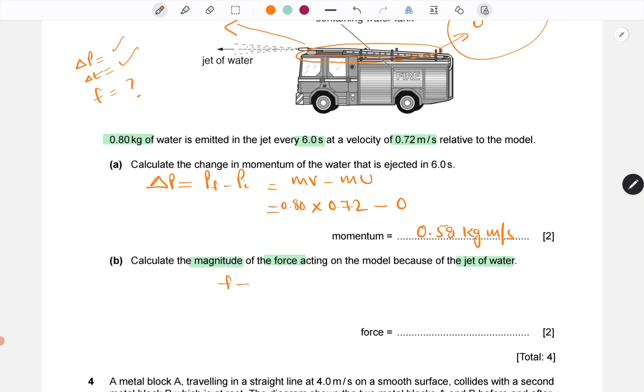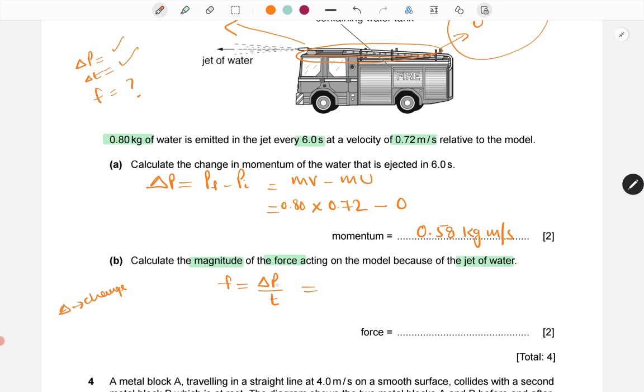See, F is equal to change in momentum over time. You can mention change in time, or simply time. This delta is for the change. Actually this formula comes from the statement of Newton's second law, but it also comes under the topic of momentum, because force is related to momentum.